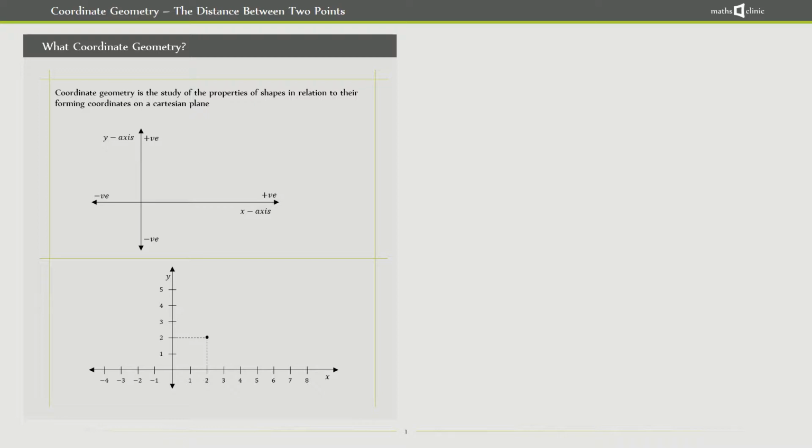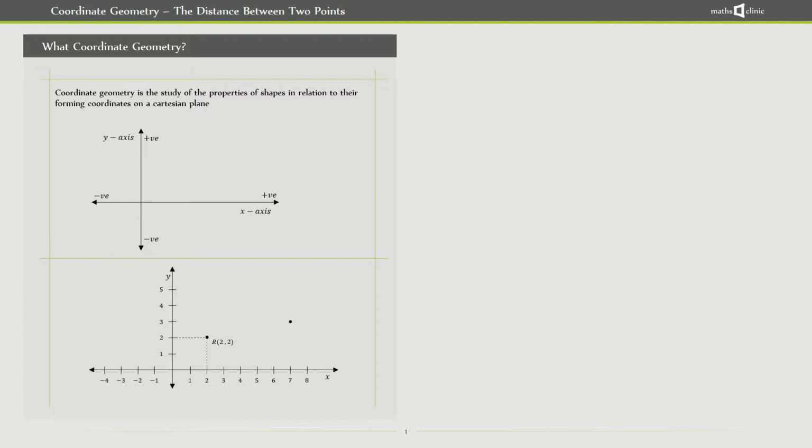So we have 2 on the x and 2 on the y, and I'm going to call this point R, and point R is (2, 2), because we start with the x-axis value 2, and then the y-axis value, which is also 2. This is how we write a point on the Cartesian plane. So this is point R, and in brackets we have 2, the value on the x-axis, comma 2, the value on the y-axis.